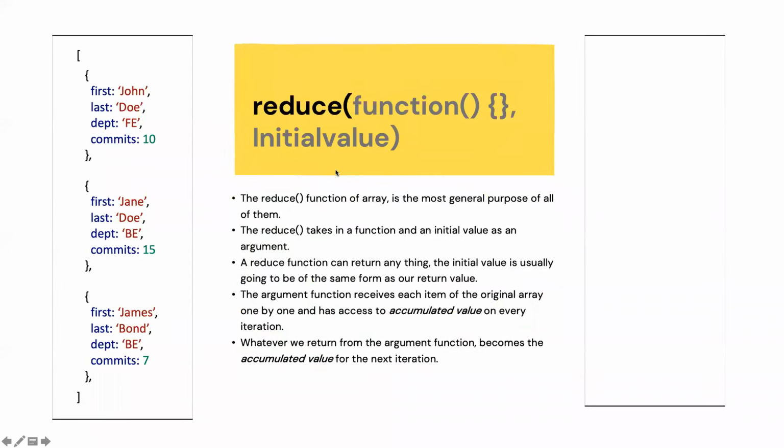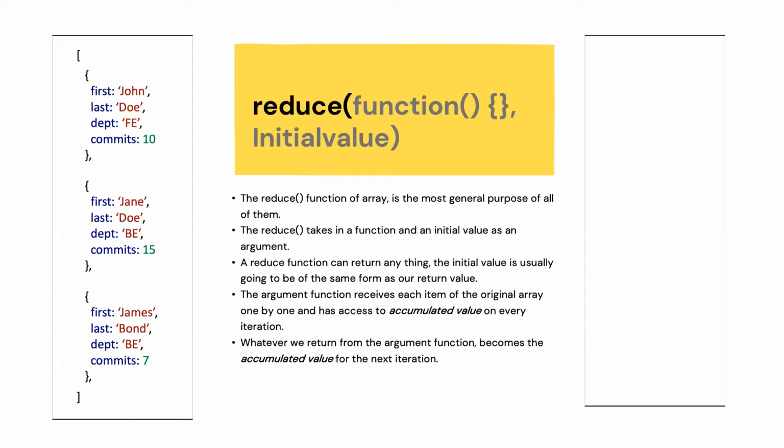Okay, so the reduce function is actually the most general purpose of all of them. The reason for the confusion is that reduce is usually defined as reducing things to one value. Most of the definitions and images that we see online are kind of deceptive. Actually, reduce is the most general purpose and the most powerful function.